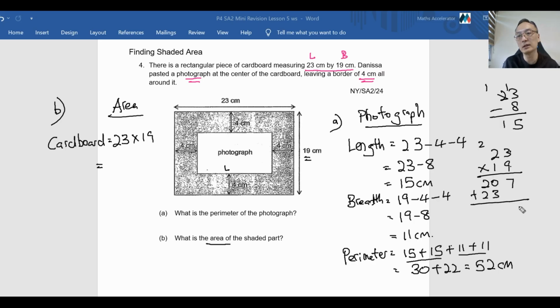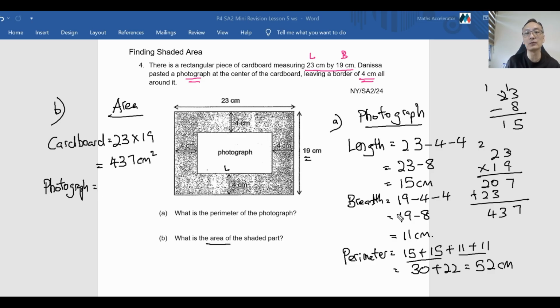So now we add together. We will get 437. So that's right over here. 437 cm squared.